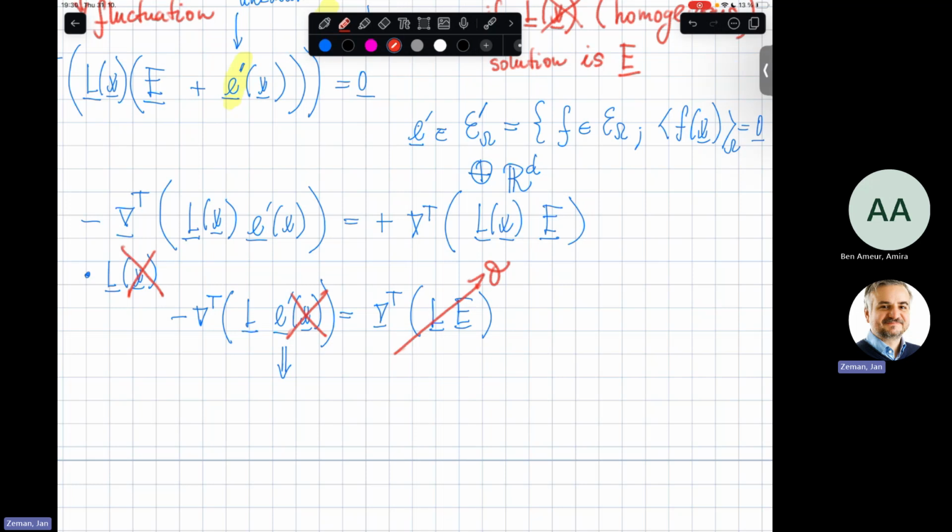Because the only other way to satisfy that, if you just imagine taking this derivative and applying it to this E, would be that this is a divergence-free field, but we know that the divergence-free fields are precisely orthogonal to the ones which we are solving. So it turns out that this E is constant, and the only constant field which averages to 0 is 0.